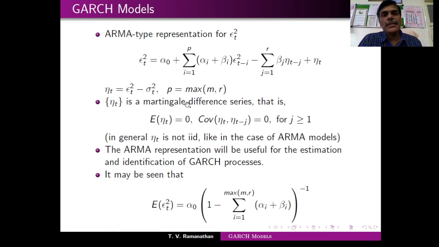So let's, you remember that I have defined an eta t and then written the ARCH in the form of an MA model. In a similar kind of thing, we can write GARCH as an ARMA type model. That's not difficult. I'll just show you that.